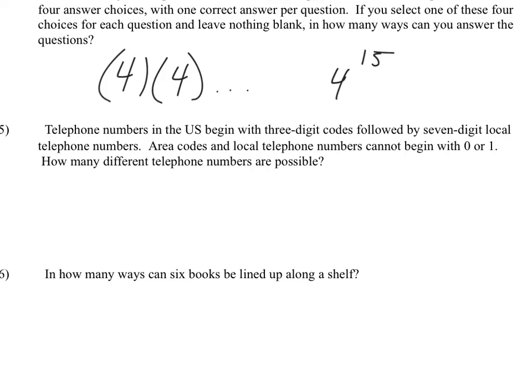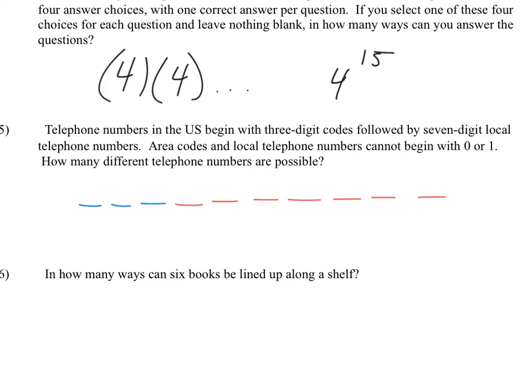So there's a few ways we can do this. Here's the way I think about it. We really have 3 slots to fill with our area code, and then 7 slots to fill with our local telephone number.